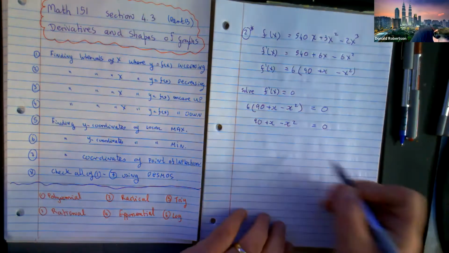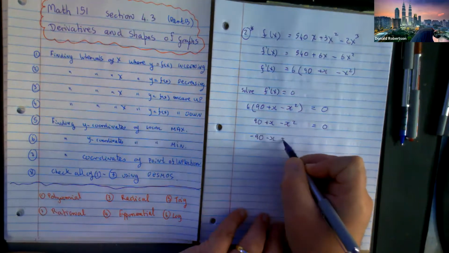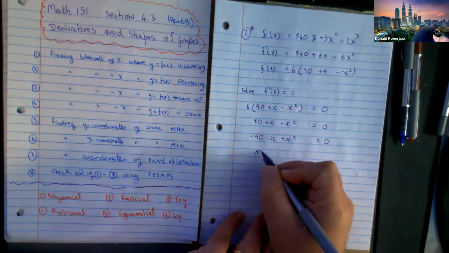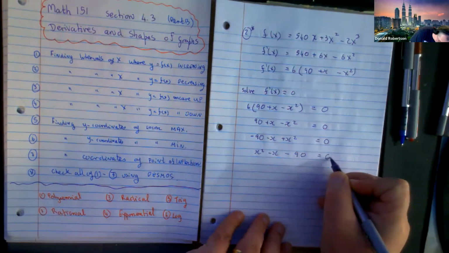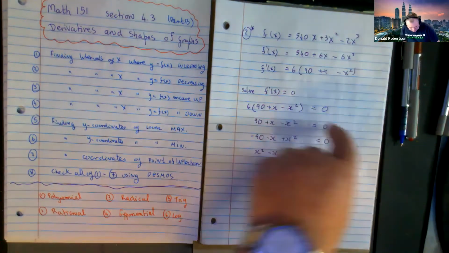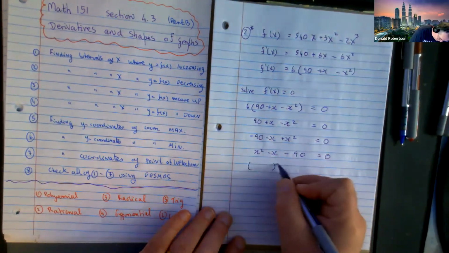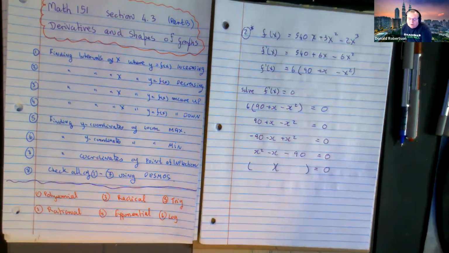So what I'm going to do is multiply everybody by -1, and then I can rearrange the order. Or I could move everybody over here and get the same effect. Now this quadratic is factorable.